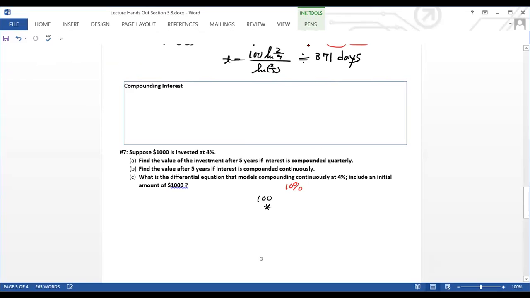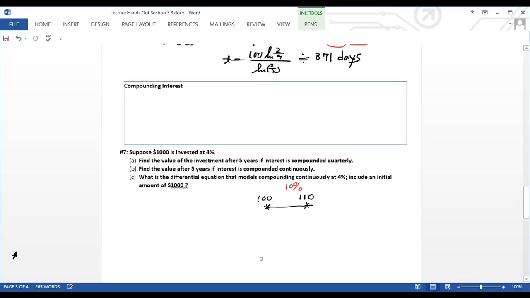Of course, nobody pays that much interest anymore. After 1 year, how much interest do you earn? 100 times 10% is $10. So you add it back, and in total you have $110, right?